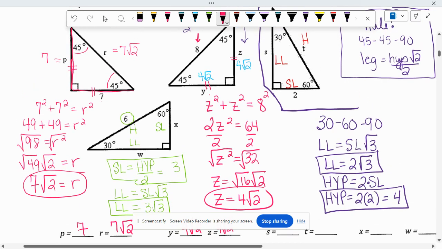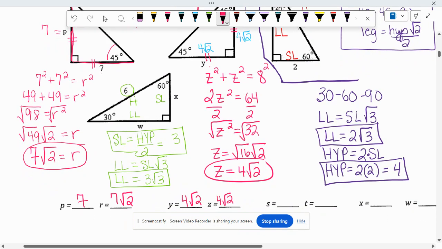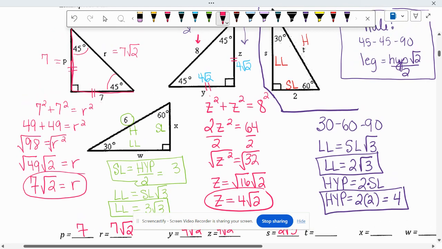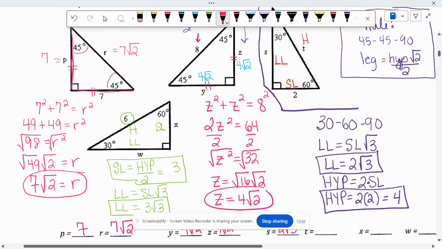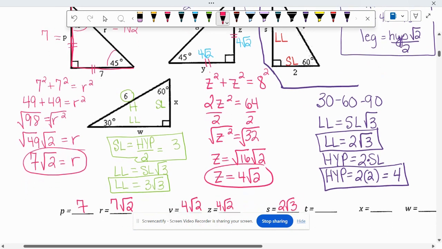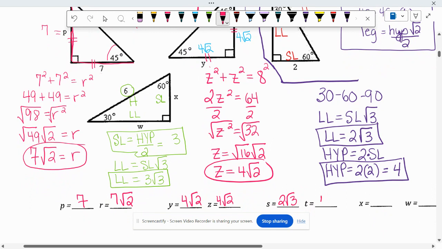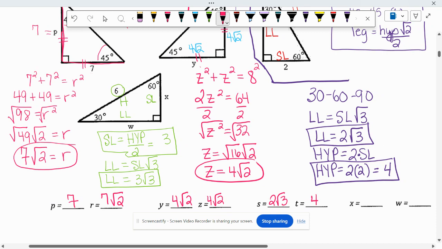S was my long leg. My long leg is 2 root 3. And T is my hypotenuse, and my hypotenuse is twice the short leg. So that is 4. And then the last two variables, X and W, came from the triangle that I just did in green. So X is the short leg, which we know to be 3. And W is the long leg, which we know to be 3 root 3.